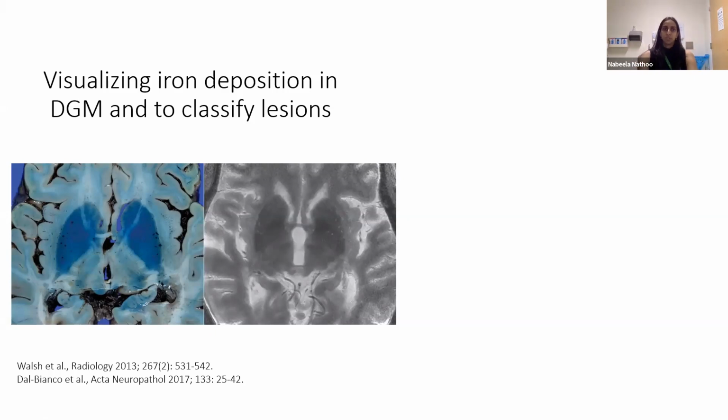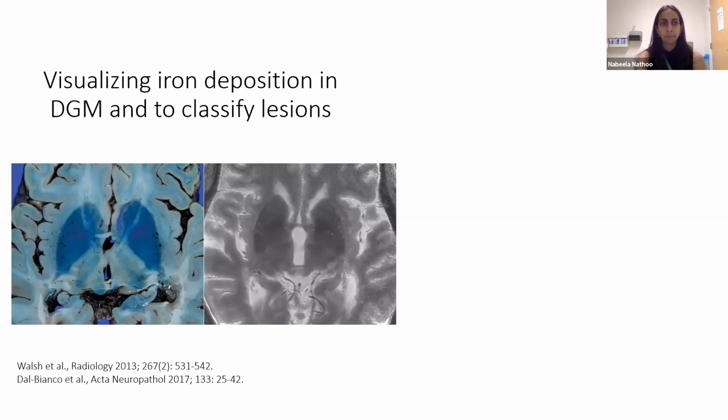There are a number of measures that can be used within the susceptibility MRI world, and so if you have questions, we can talk about that. But essentially, there's susceptibility weighted imaging, there's quantitative susceptibility mapping, there's relaxometry, and the list will, I'm sure, continue to go on.